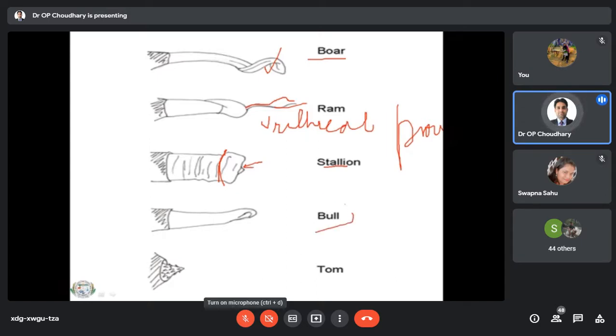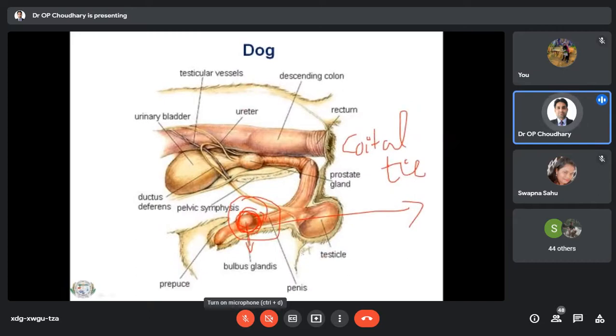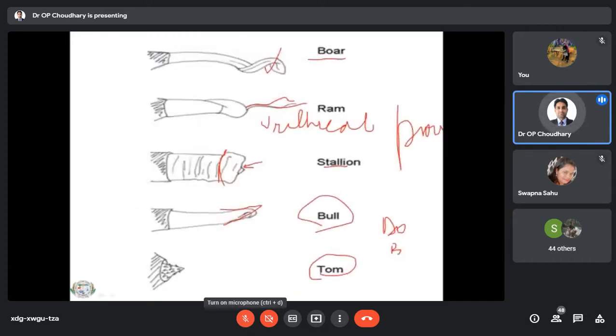In the bull, there is no such structure. Only the glans penis is in the form of a tip. And in the dog, I already told you there is a structure called bulbus glandis. So this is about the male genital system.